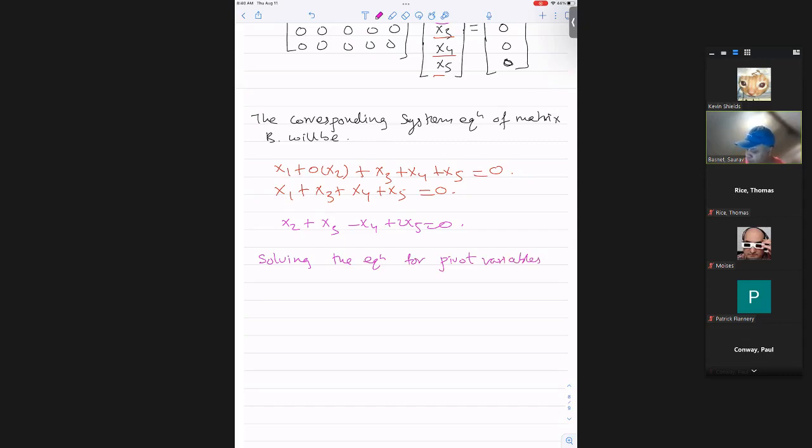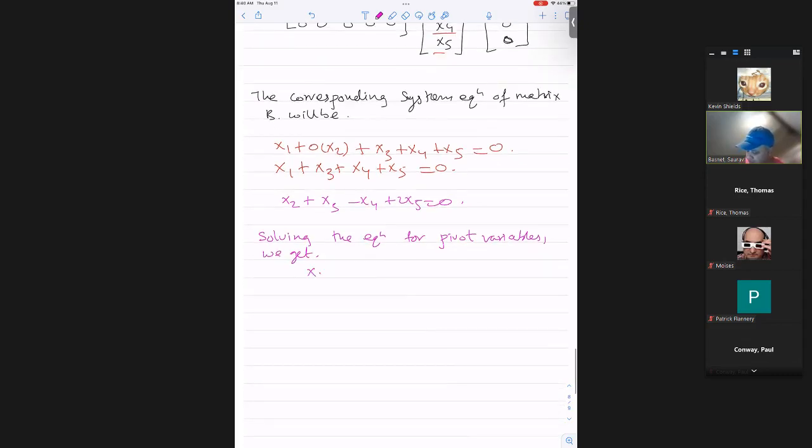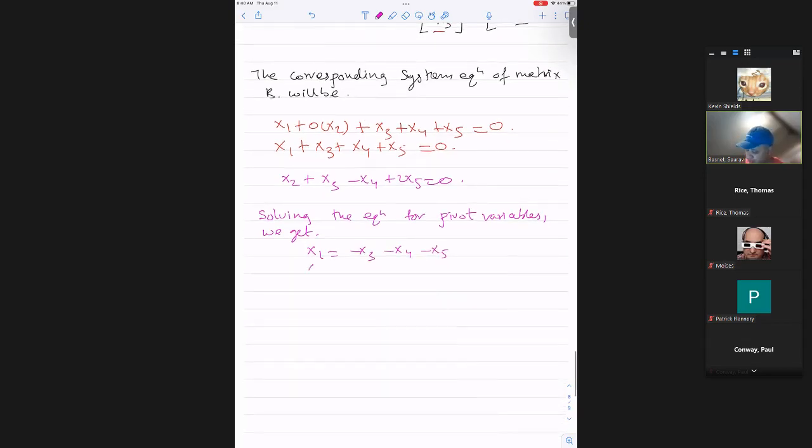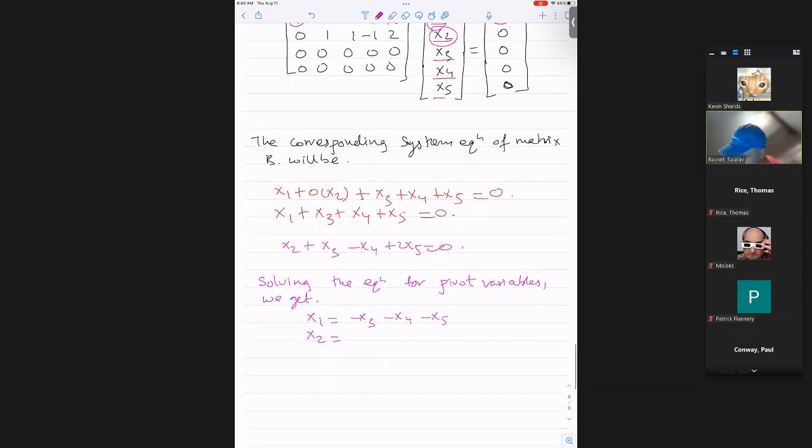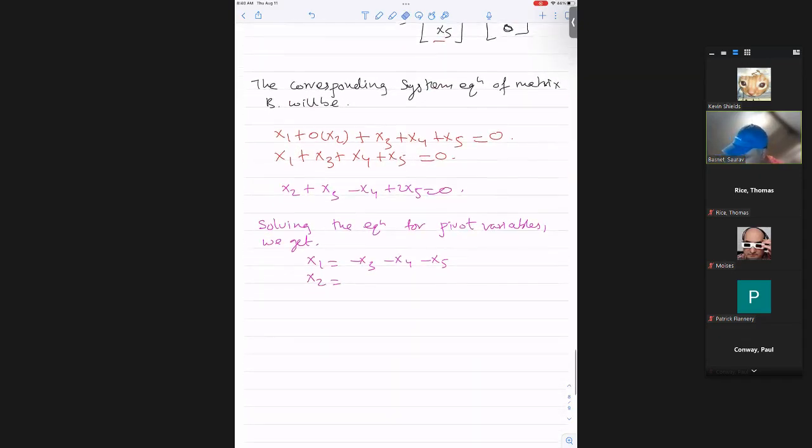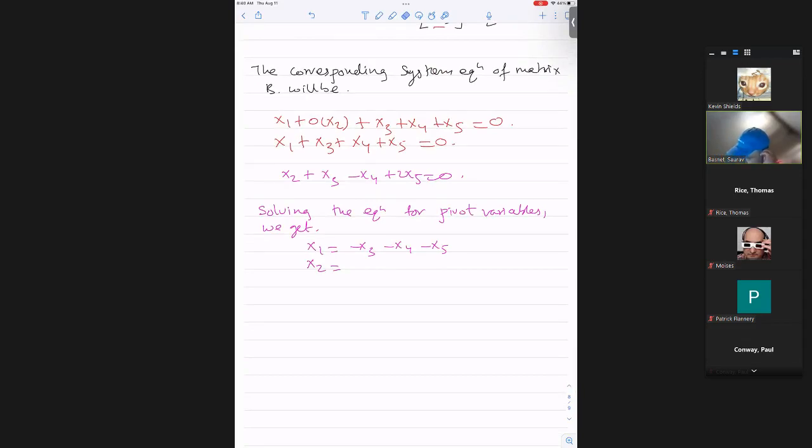We get x1 equals minus x3 minus x4 minus x5, and x2 equals minus x3 plus x4 minus 2x5.